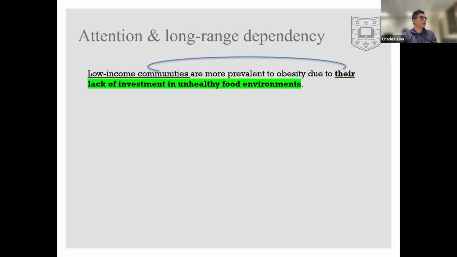For example, the word low income is referring to these communities. Healthy food environments is also important to low income communities and should be given more attention, right?